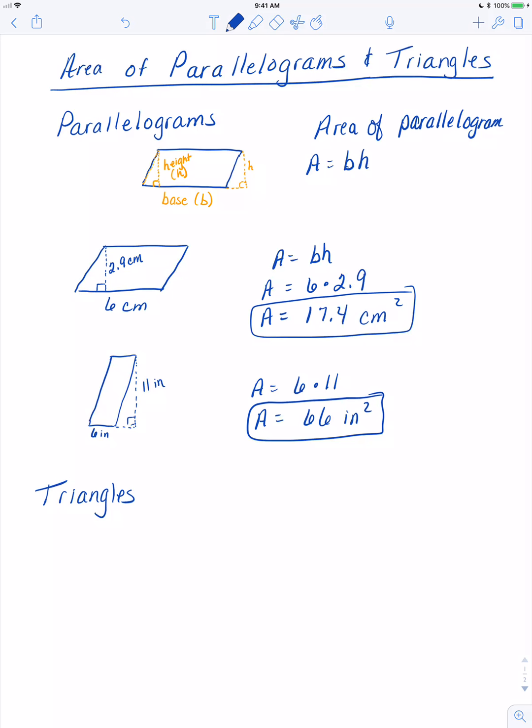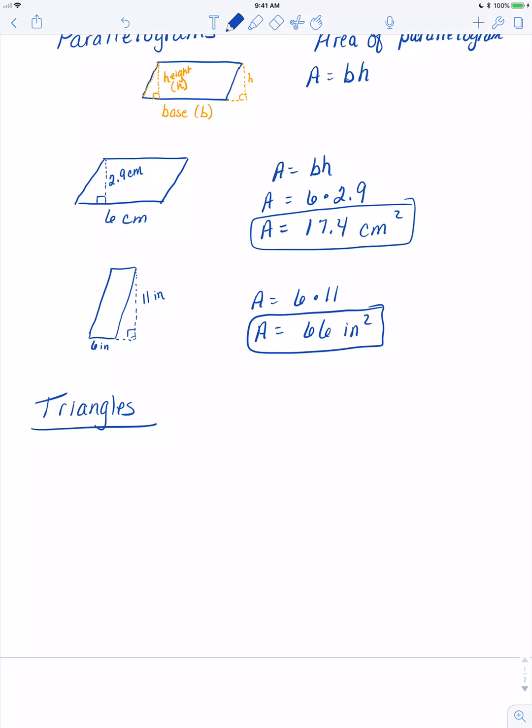Okay, so now we're going to move into something that's got a little bit of a different formula. The area of a triangle is actually 1/2 the base times the height. Well, let's think about that for a little bit. We already know the area of a rectangle is base times height.